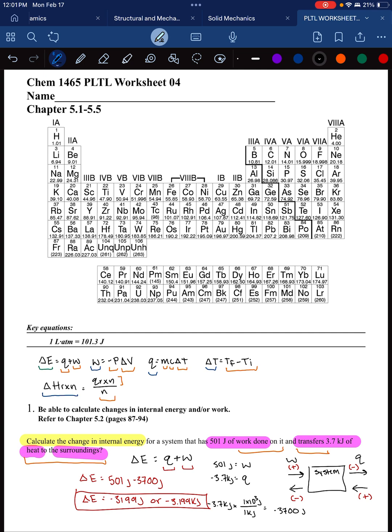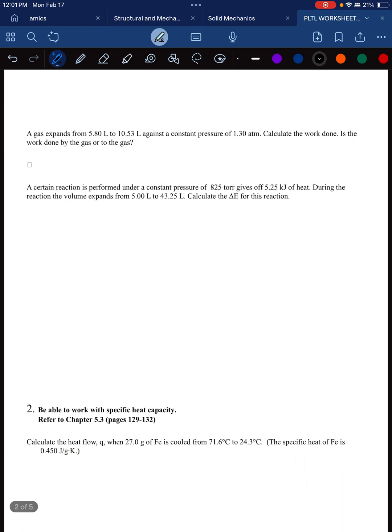So the system is having an overall negative change in energy. So the system is giving off energy. We'll talk more about that in a little bit. Okay, let's move on to the next one.